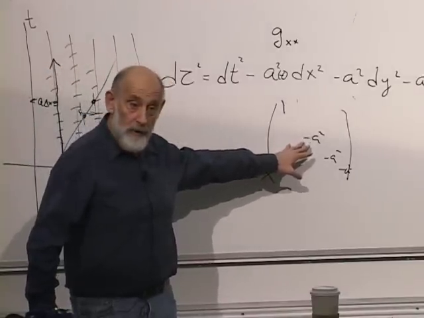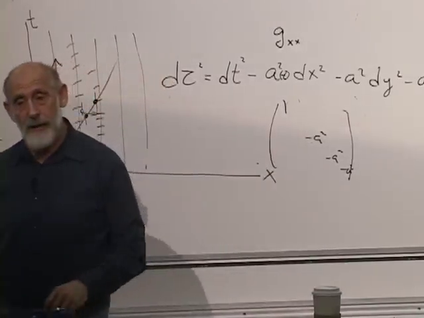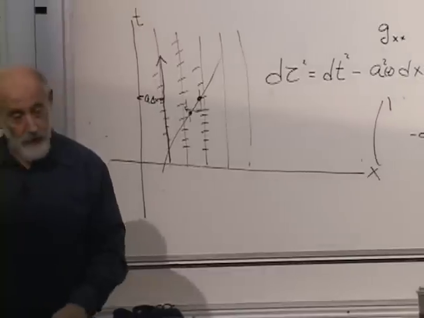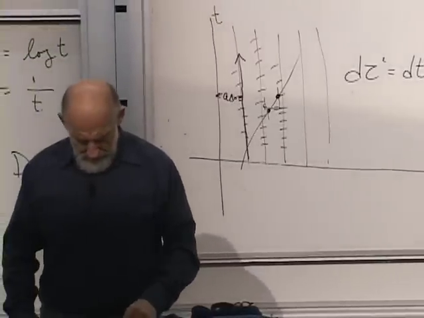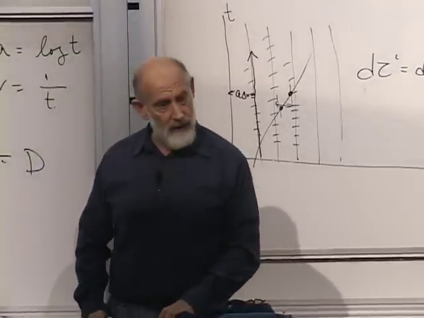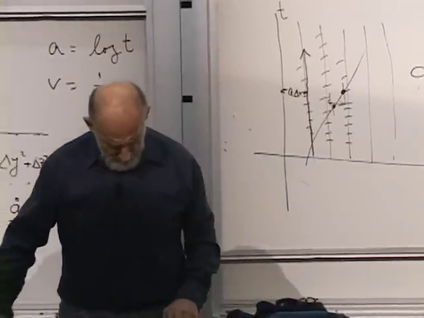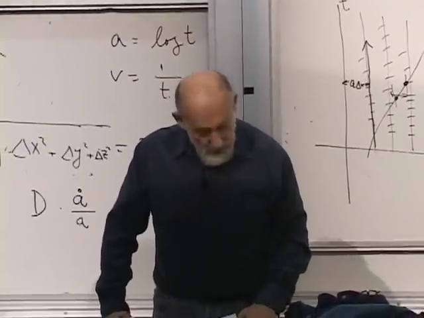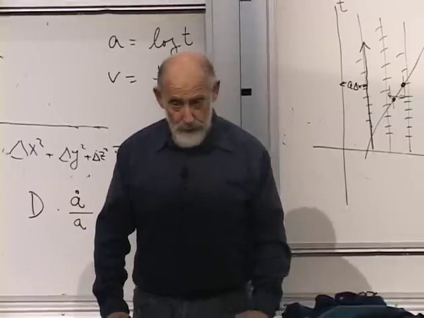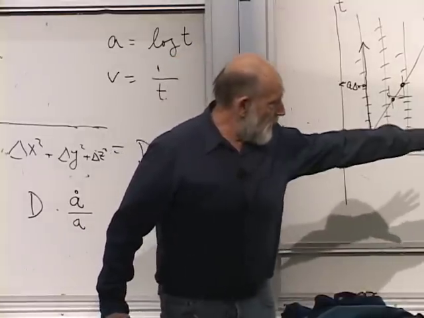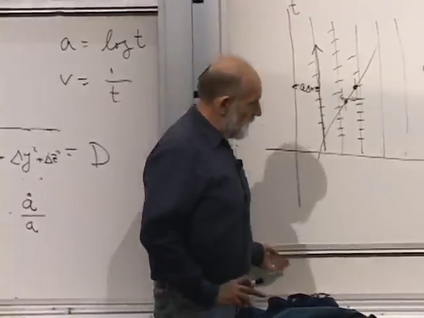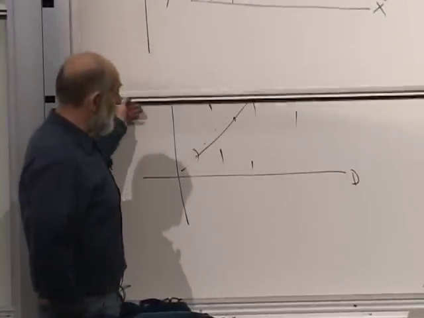A growing with time, expanding, a shrinking with time, contracting. All right, so that connects this idea of the time dependence of the separation between galaxies with the basics of Einsteinian geometry, if you like.